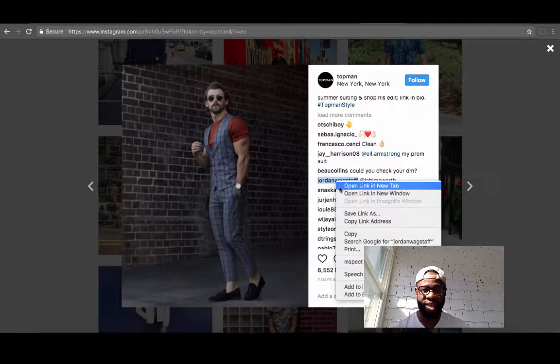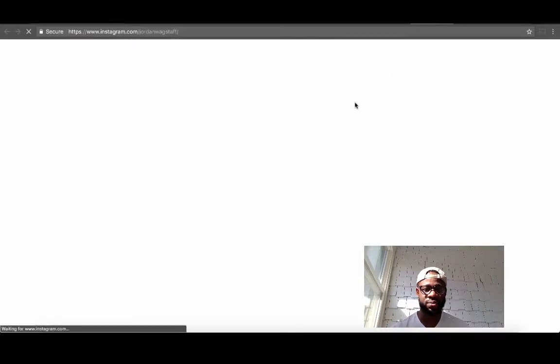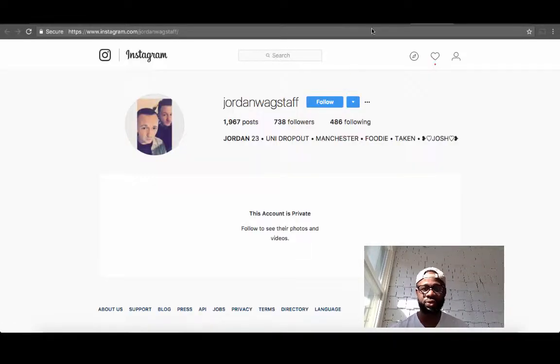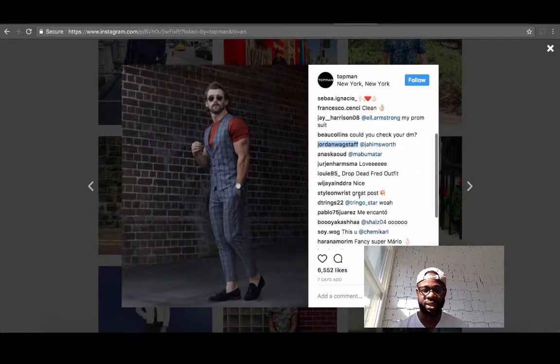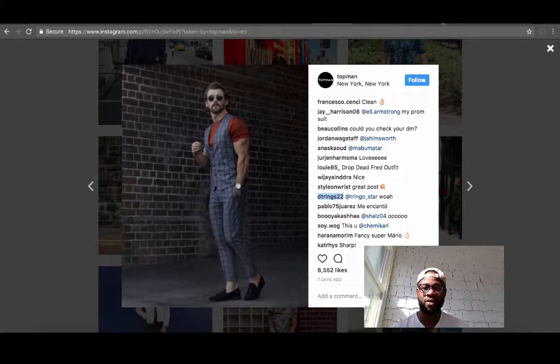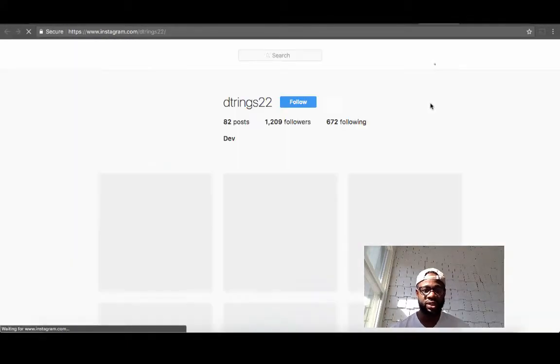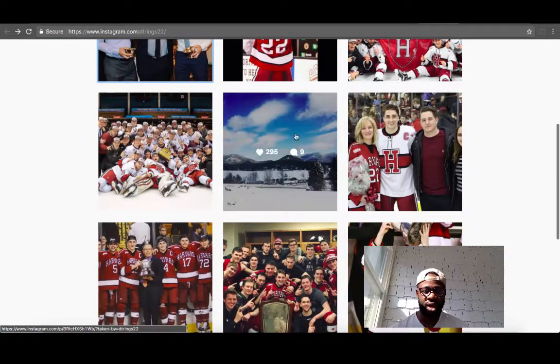So, Jordan Wagstaff tagged Jaheim, but let's look at Jordan's profile, closed. But the idea is that we take a look at some of these and say, all right, if their profile is open, what's the conversation? This one doesn't have any comments, but let's find one with comments.